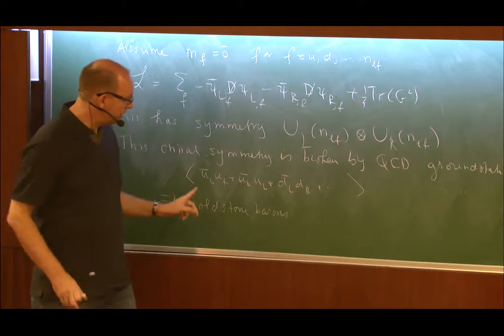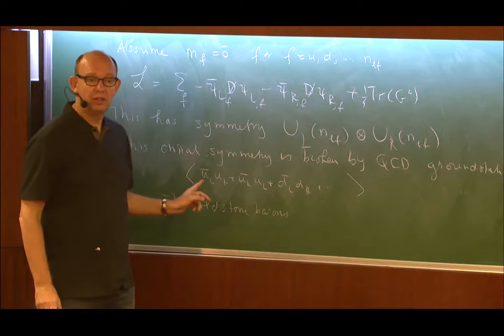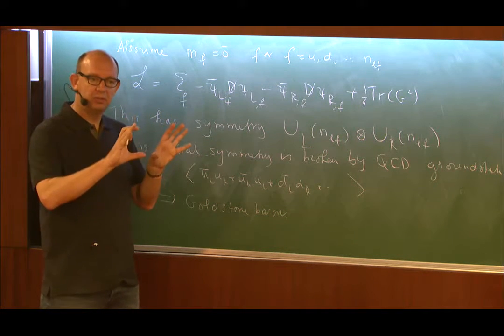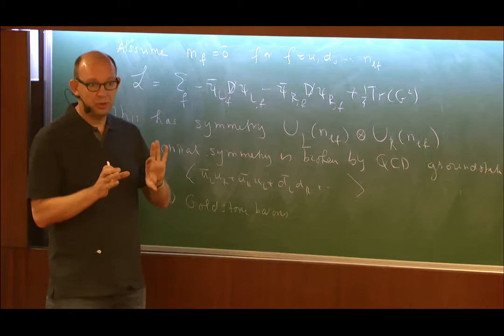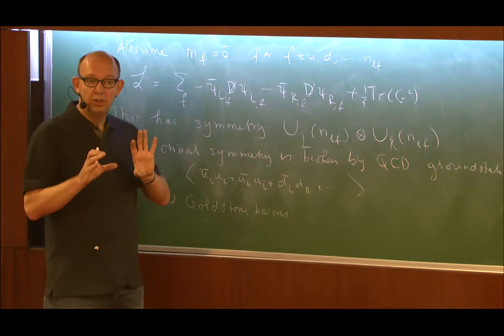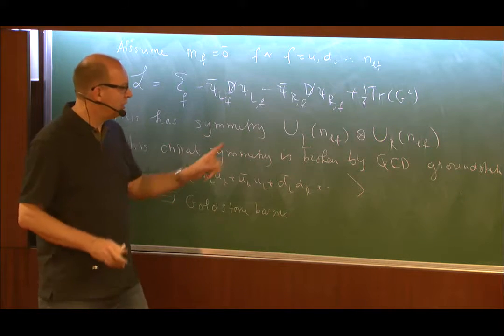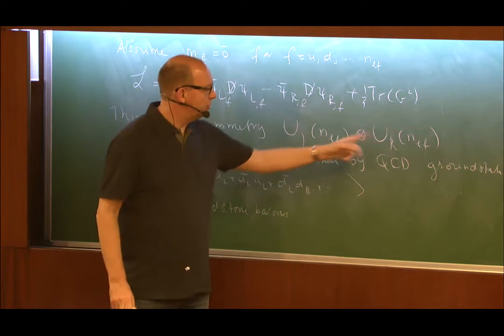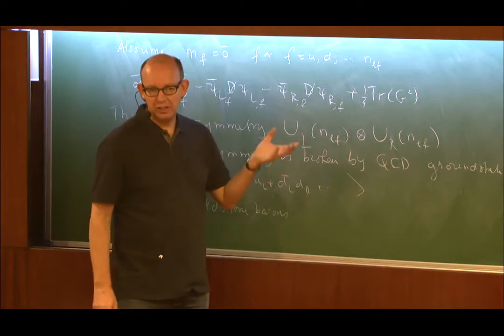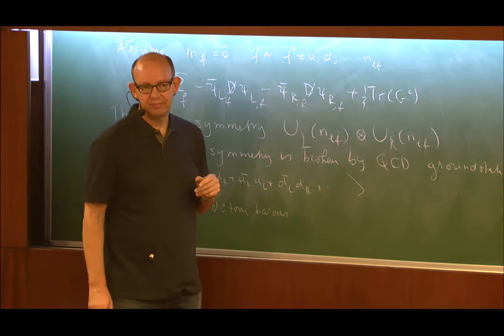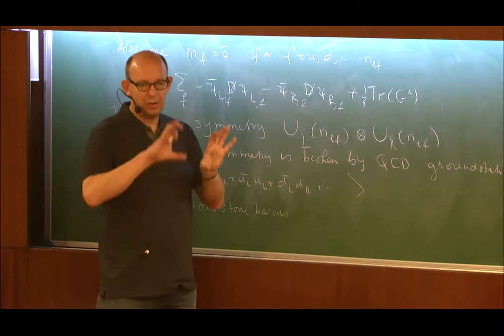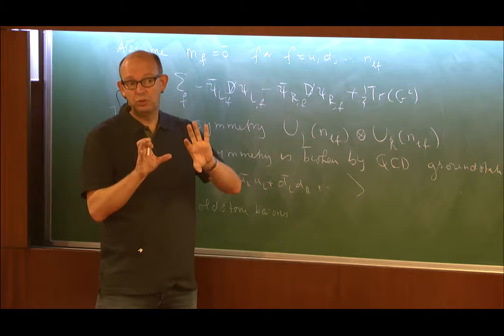If that happens, this is still a symmetry of the ground state. If L and R rotate exactly together, because they're mixed, it's still a symmetry. But you cannot have one rotate differently from the other. So that means that of these two U groups, one still remains and one is broken. If I transform together, there's still a whole U2 group there.